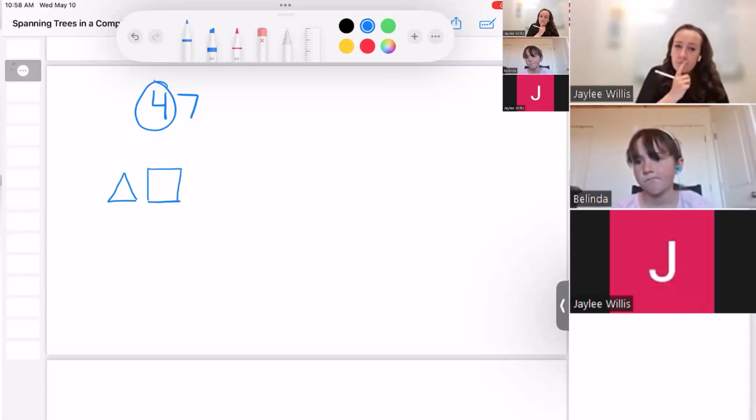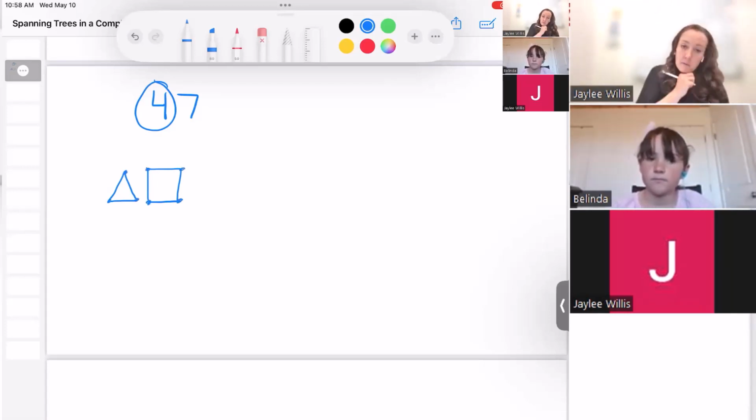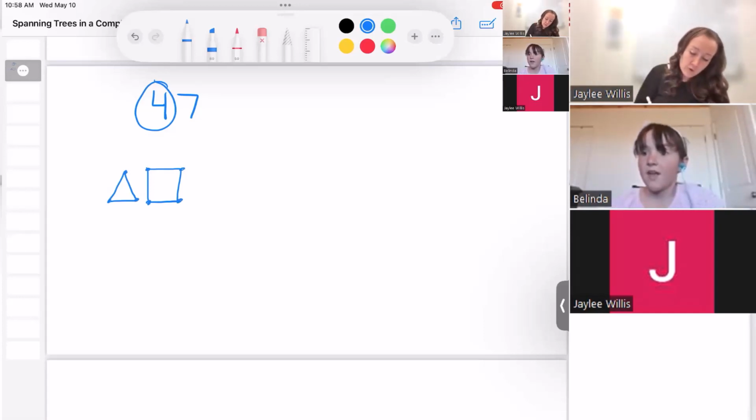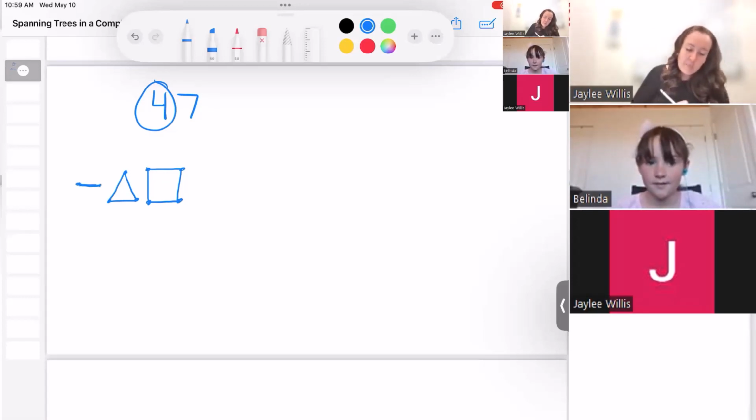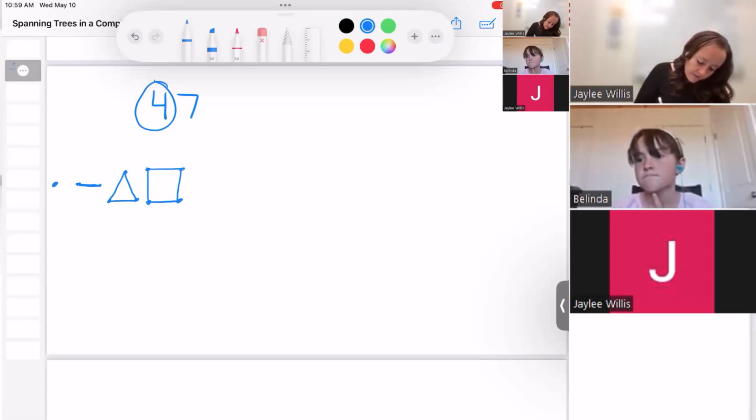A triangle has 3 points and a square has 4 points, so maybe to represent the number 2 we should have 2 points. A line. Awesome, so let's have a line represent the number 2. And what should we have represent the number 1? A dot. Okay, we'll have a dot.